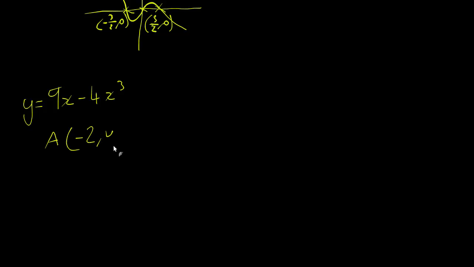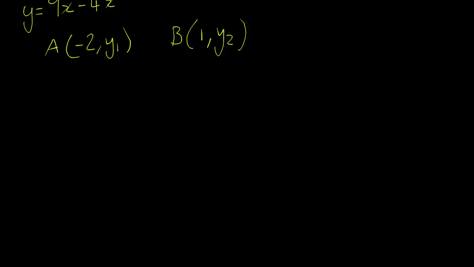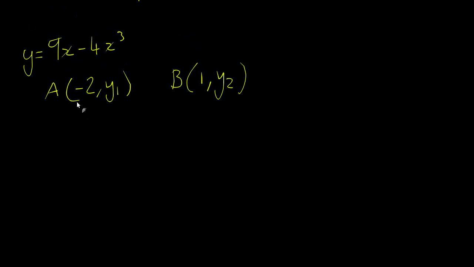So we've got minus 2 and some y value to find, and at B I think it was 1, I'll just quickly double check. So 1 and y2, just check I got that right. That's it. Okay, so we need to find these two y values before we can do anything else. So if x is minus 2, we get y equals 9 lots of minus 2, minus 4 lots of minus 2 cubed.